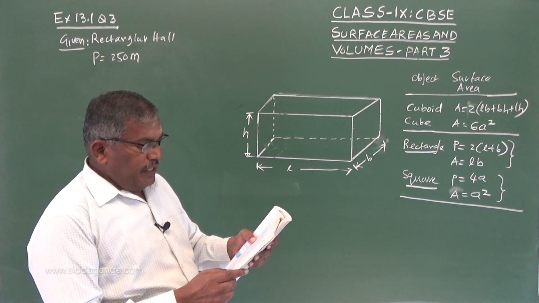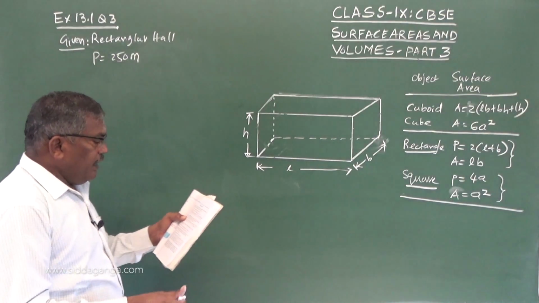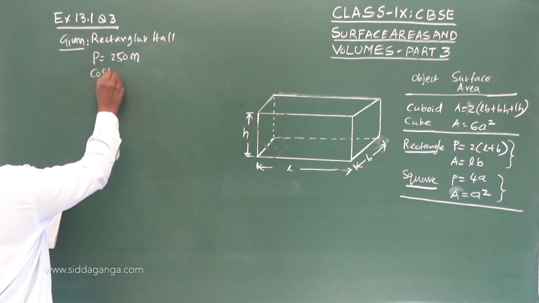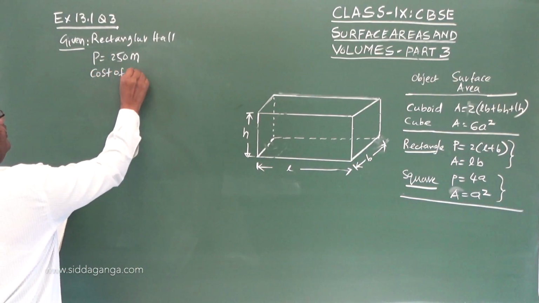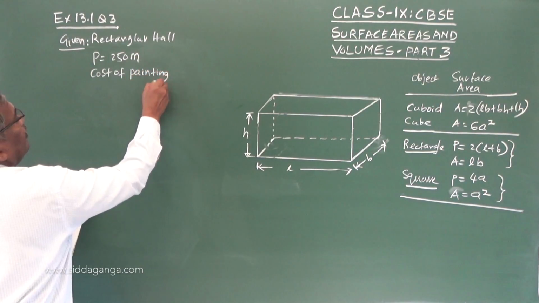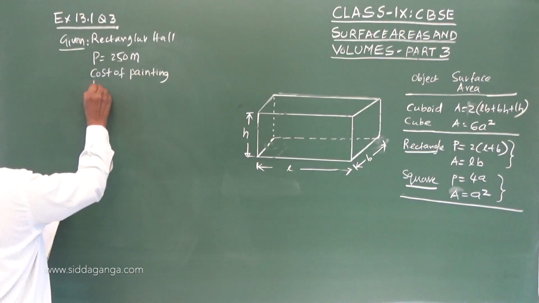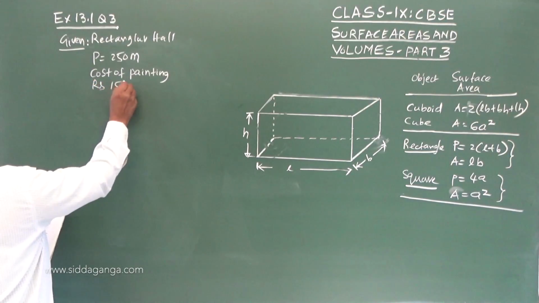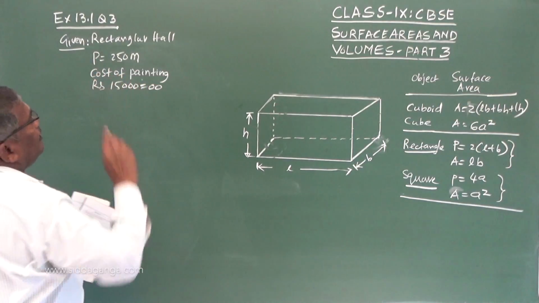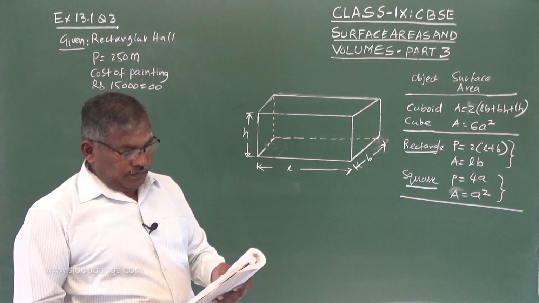The cost of painting the four walls is rupees 15,000.